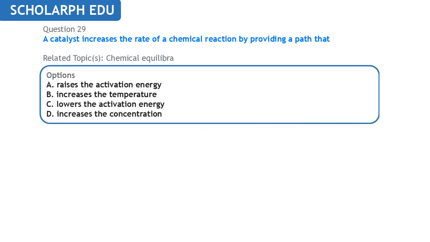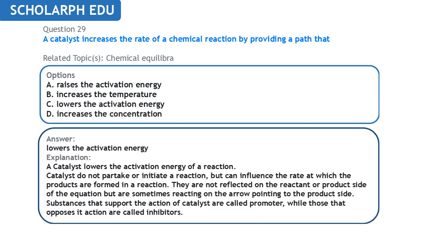A catalyst increases the rate of a chemical reaction by providing a path that lowers the activation energy. The activation energy is the energy that is required for a reaction to take place. So the catalyst reduces that activation energy. It allows that reaction to occur below the normal energy that it would require.